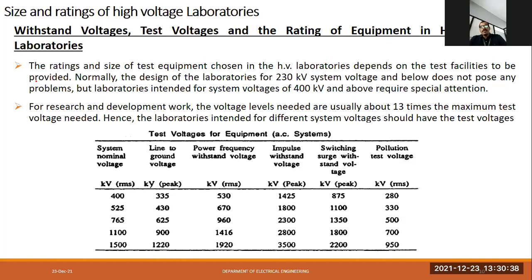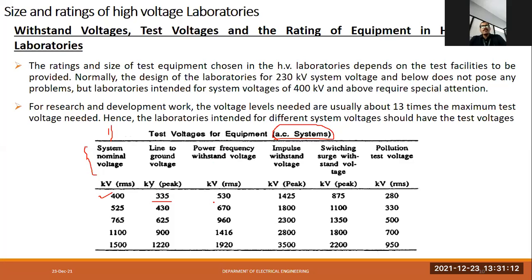Whatever the intention of the laboratory installation for the different system voltages, there should be some test voltages, and those test voltages for the AC system you can see in this table number one, whatever the test voltage for the AC system or the equipments used. If the system's nominal voltage is around 400 kV, then the line to ground voltage should be around 335 kV, that should be the maximum value.